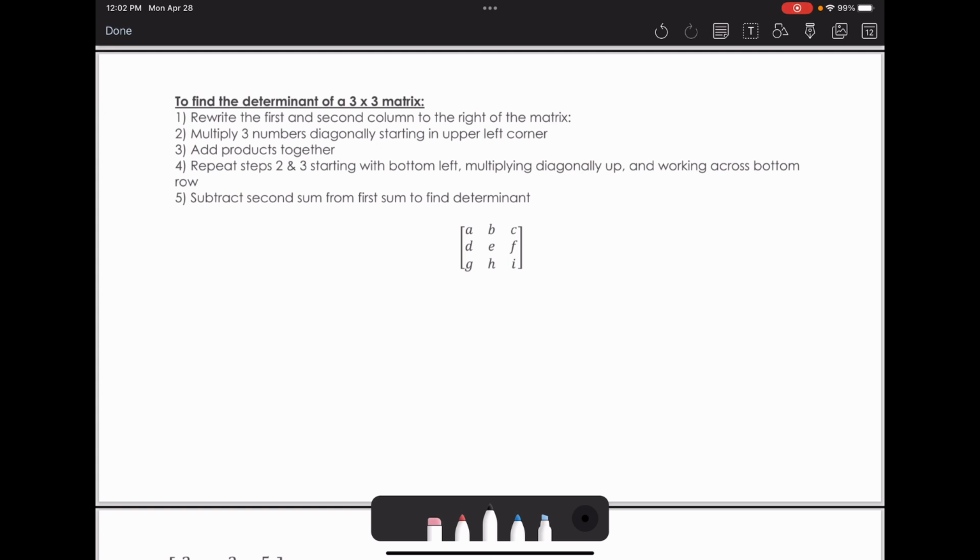And step 1 is to rewrite the first and second column to the right of the matrix. So we're going to take this one and we're going to write it here. So A, D, G. And then we're going to take this one and write it next to it. So that's B, E, H.